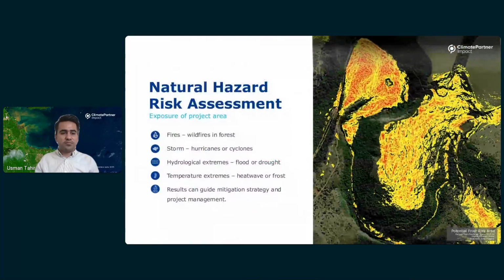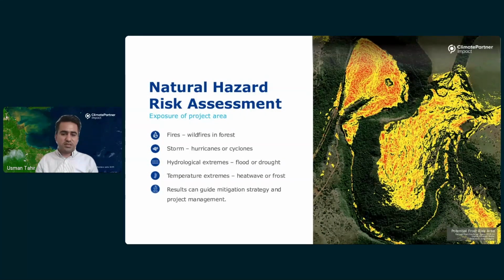Okay, so another critical aspect of due diligence is assessing the natural hazards risks. These risks may be wildfires in the forest, it can be hurricanes or cyclones, flood or drought. So these are actually the natural phenomena.